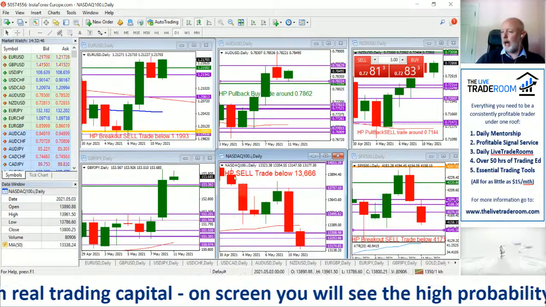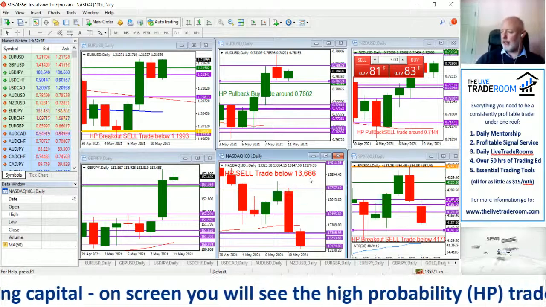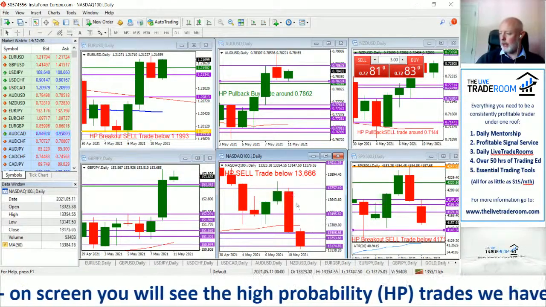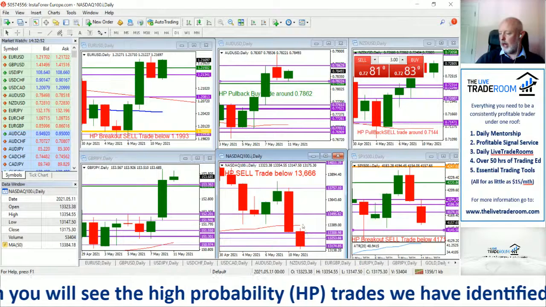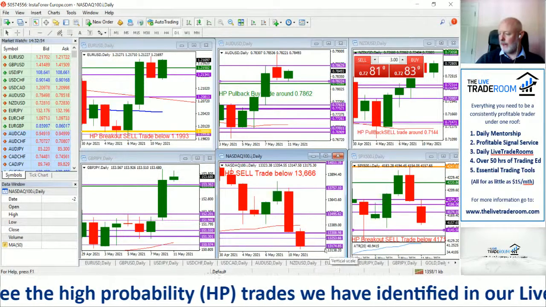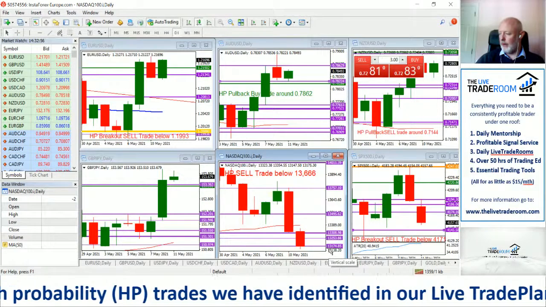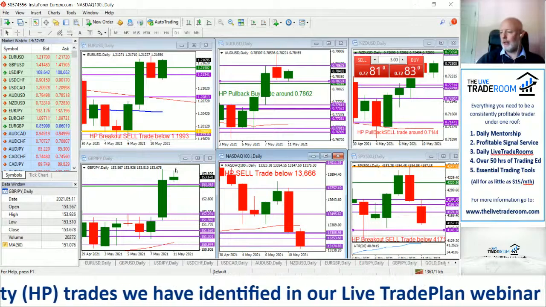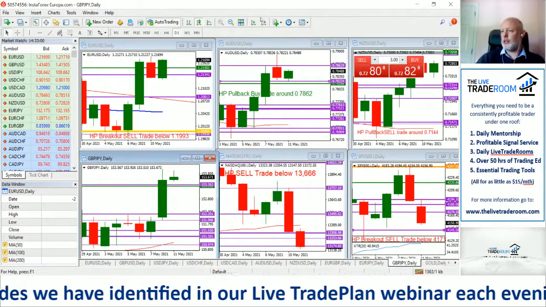So looking for a high probability sell trade below 13,666, and we're comfortably below that now, in around the 13,174 level. So a really strong move lower.